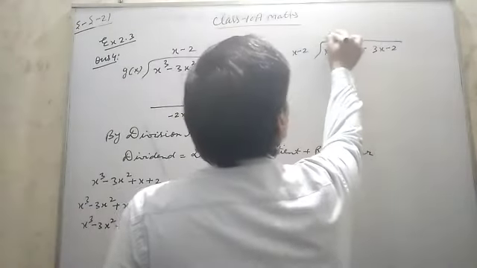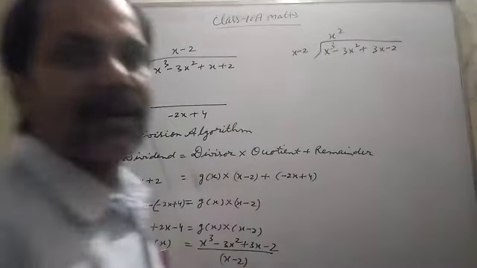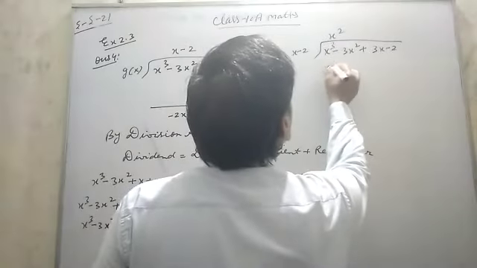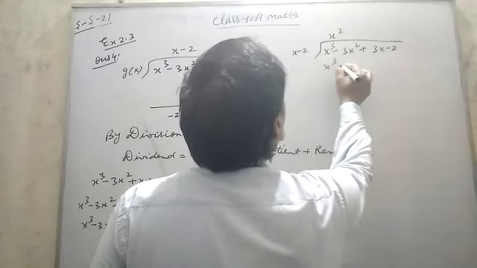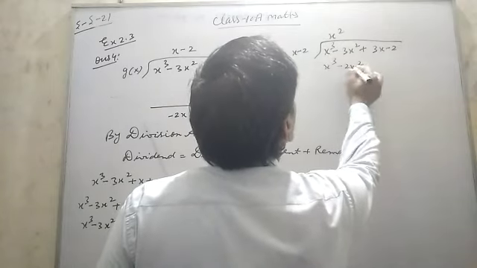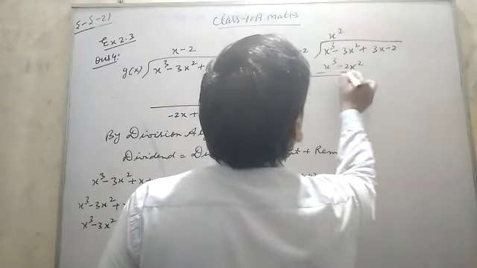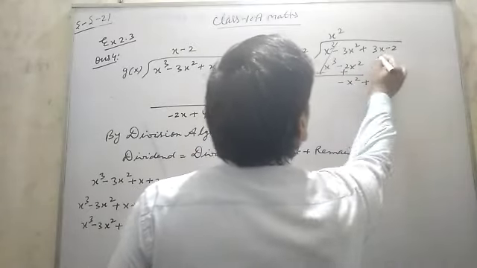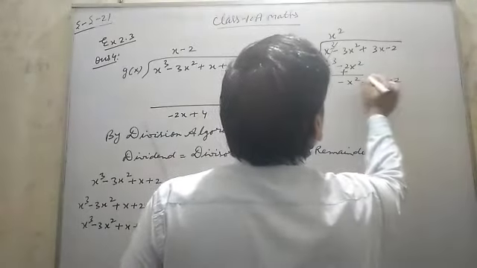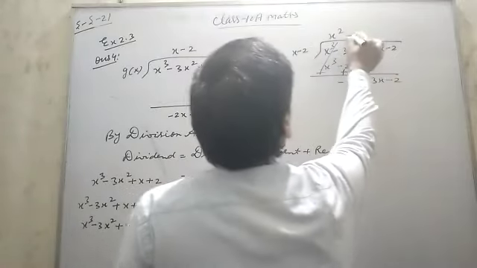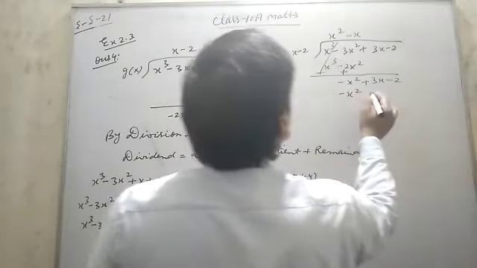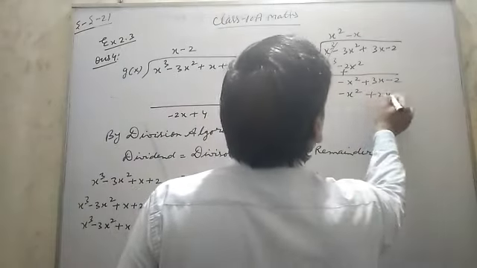So here x cube, so multiply by x square. So x cube minus 2x square, cancel. So this minus x square plus 3x minus 2. So minus x: minus x square plus 2x.